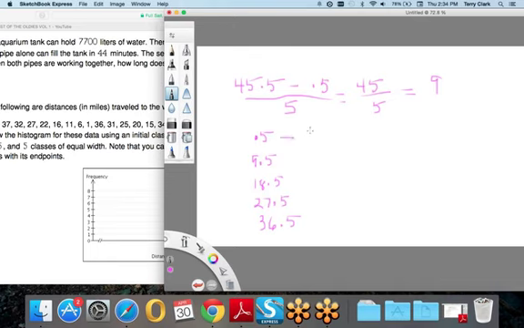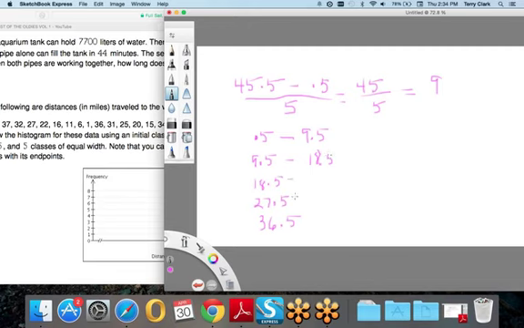And then that first class will go to 9.5 here, and that one will go to 18.5. On this part, I'm just cheating on the back end. I'm looking at the beginning of the next class to know that it's 18.5.